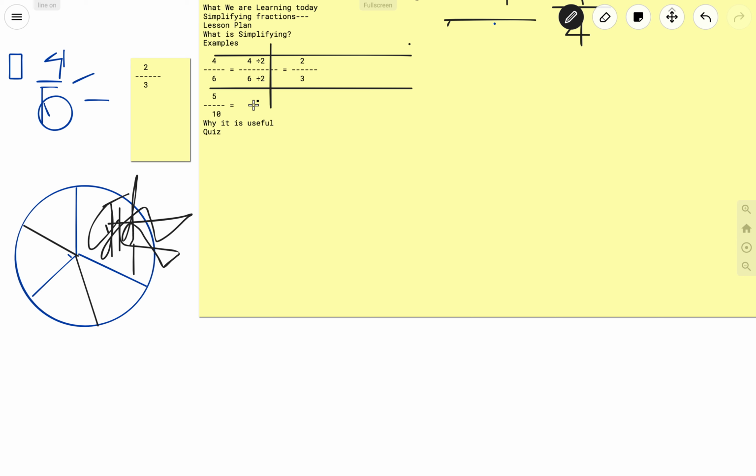Now, let's see if we can apply this to our second example, our 10-piece pizza. I'll let you guys work it out while I draw the diagram.